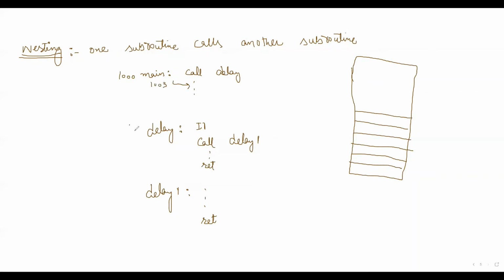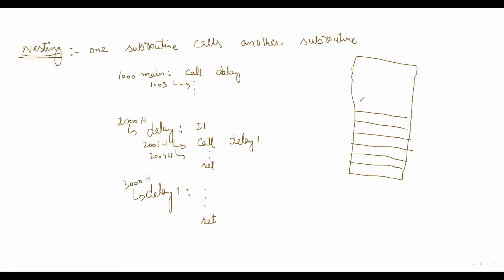Okay. This is address 2000. The next is 2001. And after this, we have 2004. This is my return. Okay. So let's suppose this is 3000.